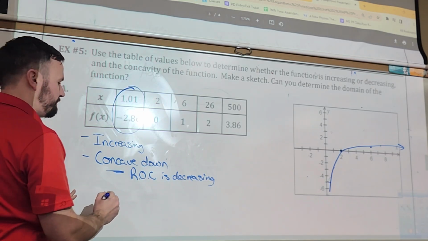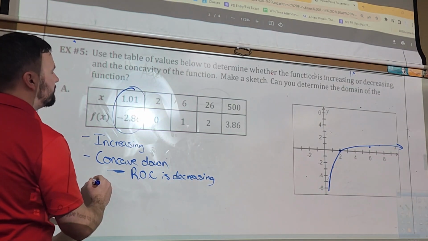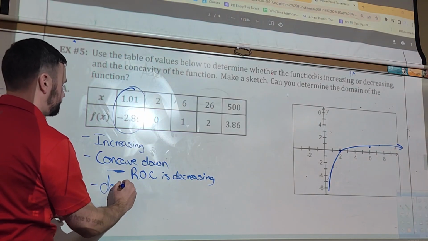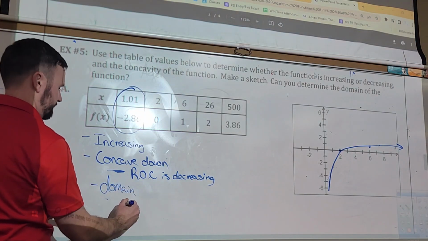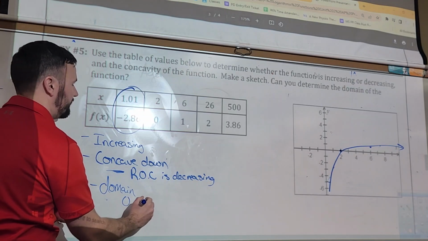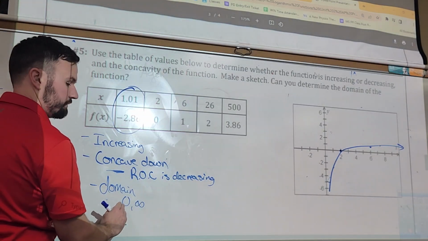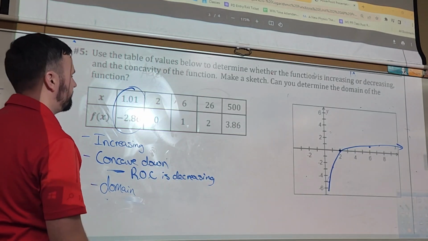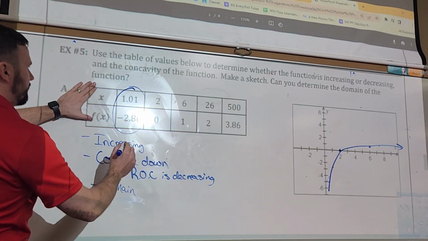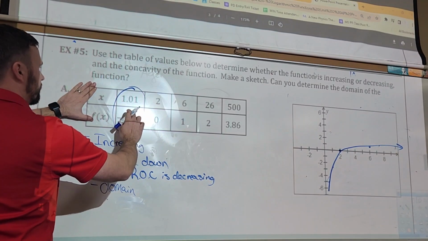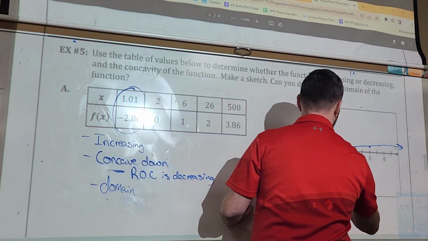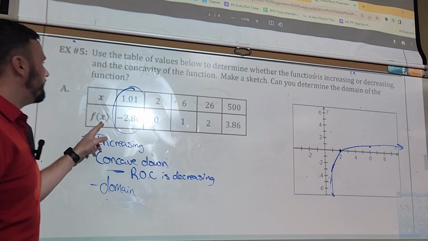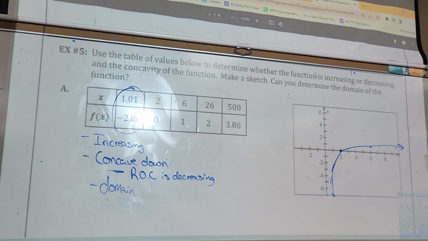And what's my domain? Does it want domain? Yes. Can I determine domain? Yeah. Yep. Wait. No, it's not, because I didn't draw it right. Why am I saying I can't go to 0?